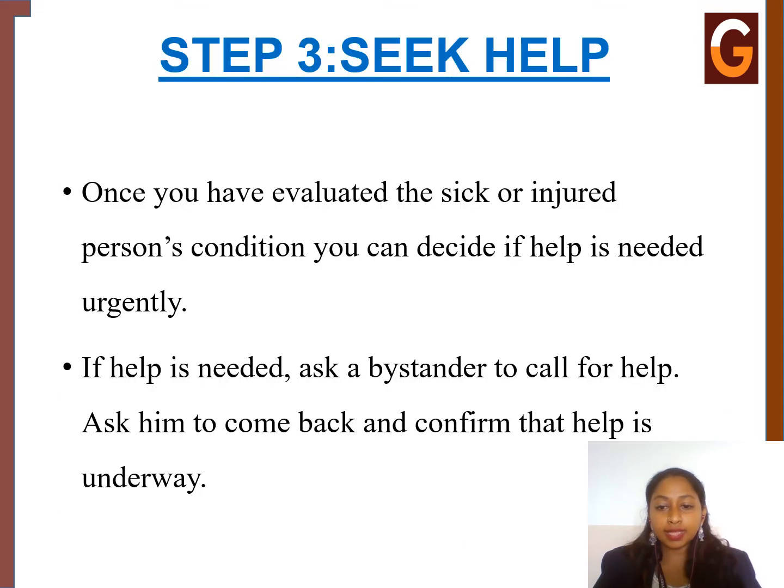Step 3, that is seeking help. Once you have evaluated, you now know the condition and you know whom to call. For example, if there is a fire in the building, you will call the ambulance and the firefighters, so that they extinguish the fire and evacuate the people.